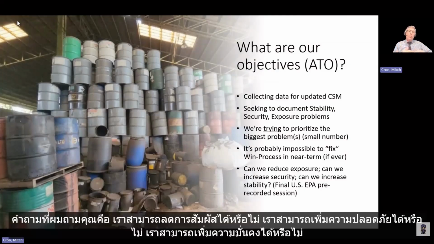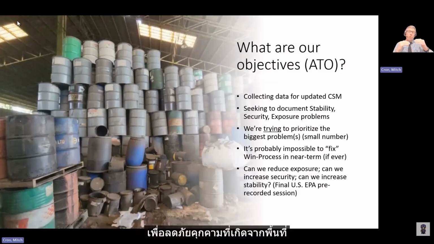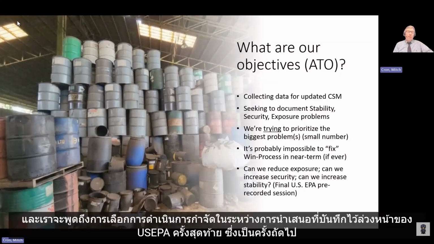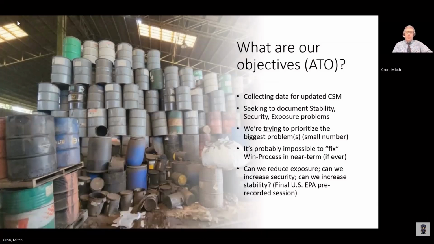But the question I'm posing to you is, can we reduce exposure? Can we increase security? Can we increase stability to reduce the threats posed by the site? And we will talk about removal action selection during the very last US EPA pre-recorded presentation, which is the next one.